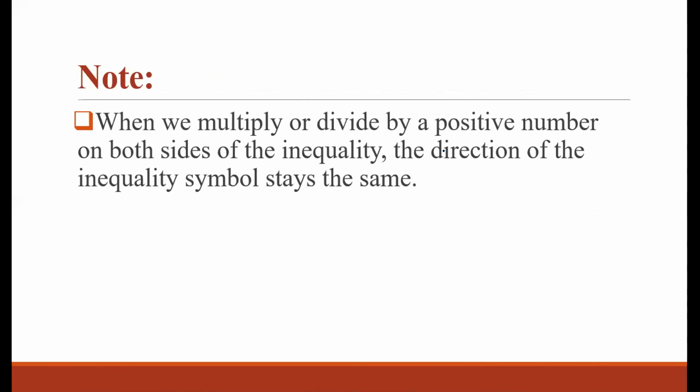The network is breaking, but she's trying to tell us that when we multiply or divide by a positive number on both sides of the inequality, the direction of the inequality symbol remains the same.